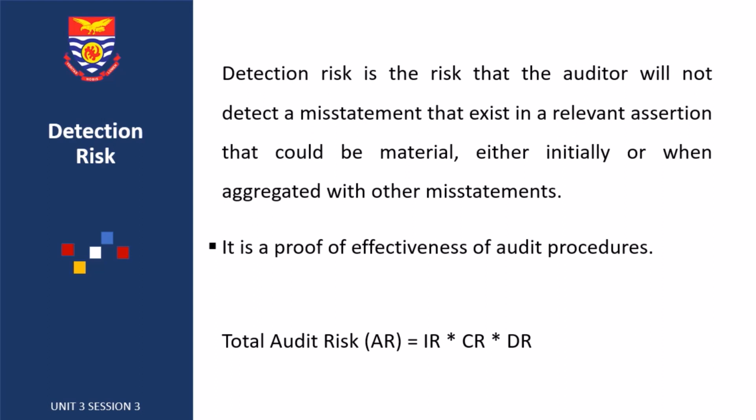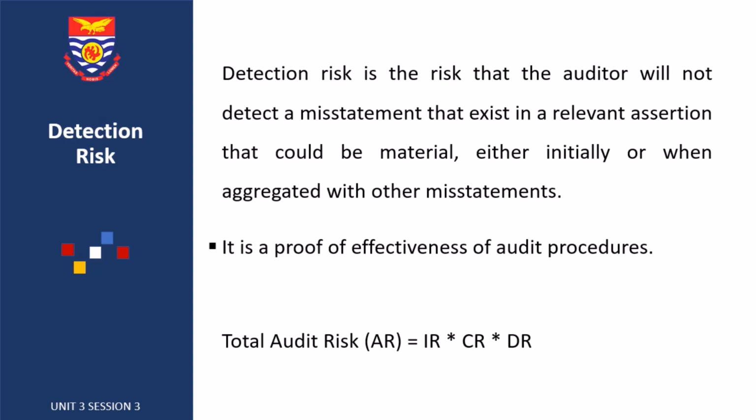If you are not able to identify a misstatement that exists, then it becomes a detection risk. Now, this detection risk is a proof of the effectiveness of the audit procedures, the audit procedures that you outlined for yourself to be able to assess if there is any risk and to reduce it. The effectiveness of these will be tested with regards to risk detection.